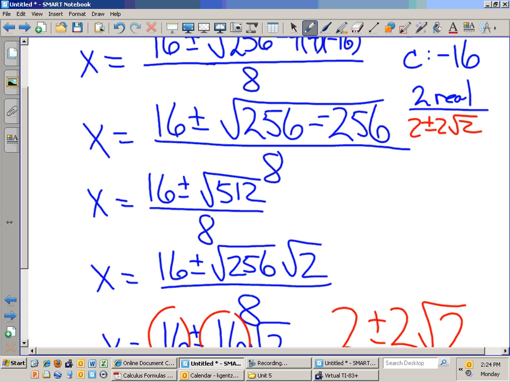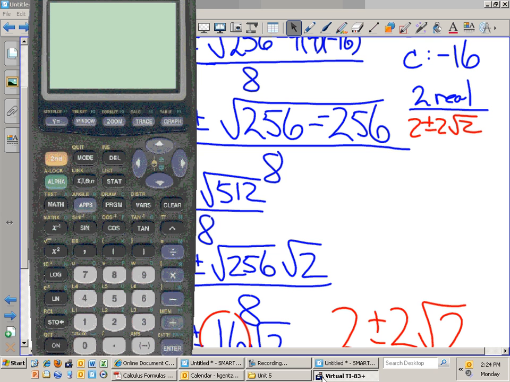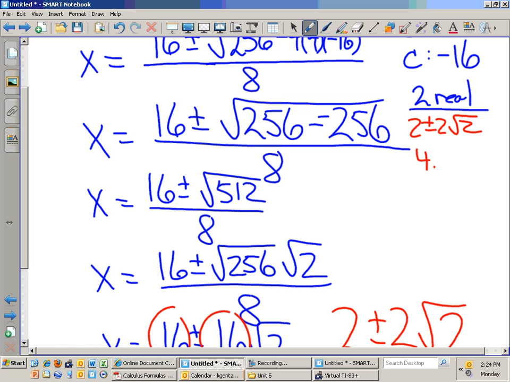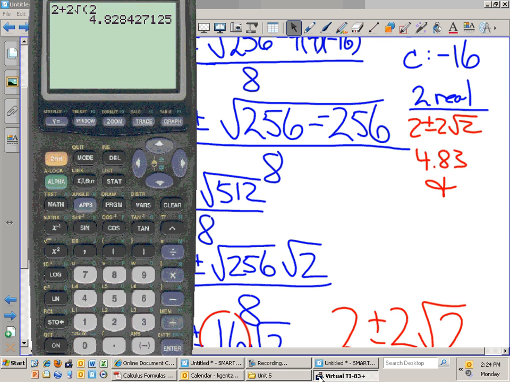I would like to make 2 decimals out of that. So I do 2 plus 2 square roots of 2, and I get 4.83. And then I will do 2 minus 2 square roots of 2, and I get negative 0.83.